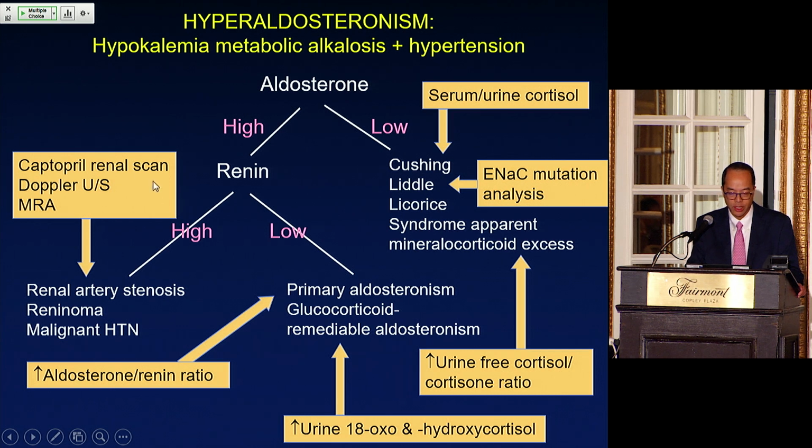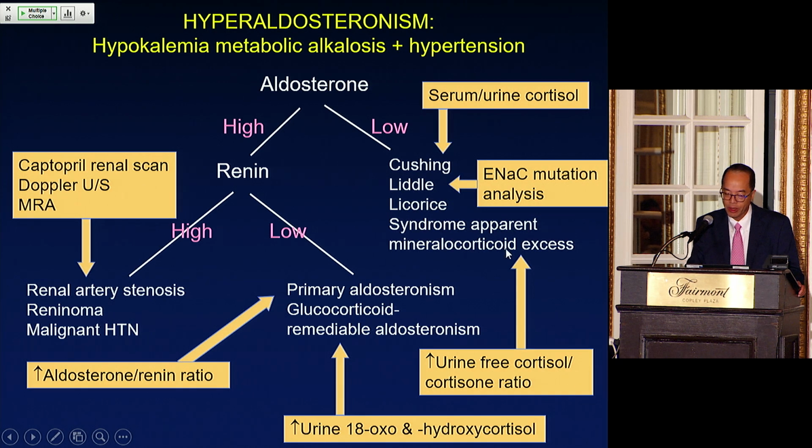Renal artery stenosis, you might want to do a Doppler ultrasound or MRI. Primary hyperaldo, we usually start screening with an aldo to renin ratio and then go on to a confirmatory test that includes salt loading and either measurements of the aldo in the blood or 24-hour urine. GRA, I mentioned before, you look at urine 18-oxo and hydroxycortisol, which are abnormal metabolites generated because the aldosterone is being made in the part of the adrenal gland that normally makes glucocorticoids.